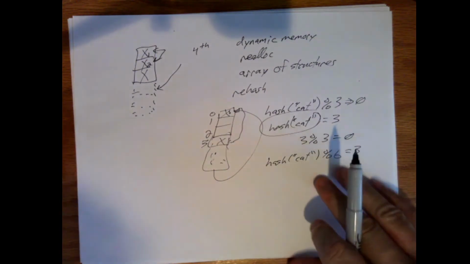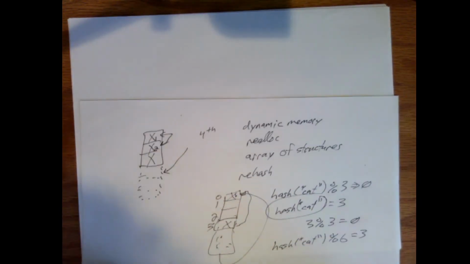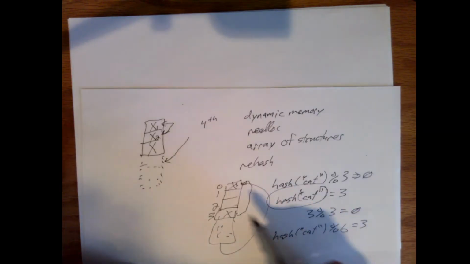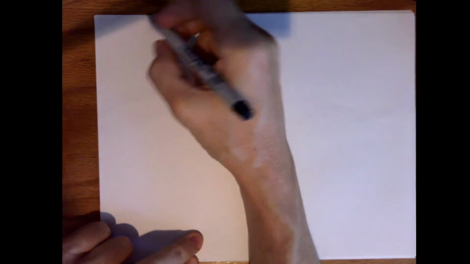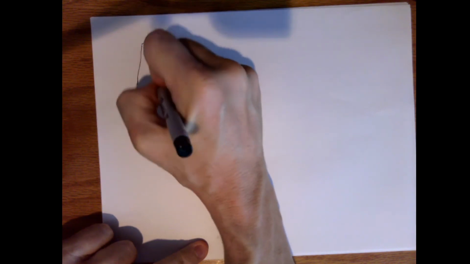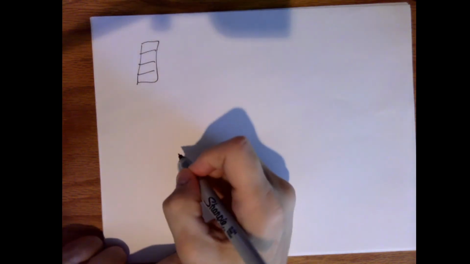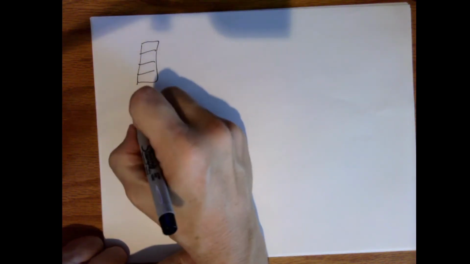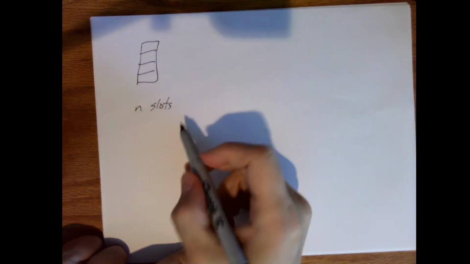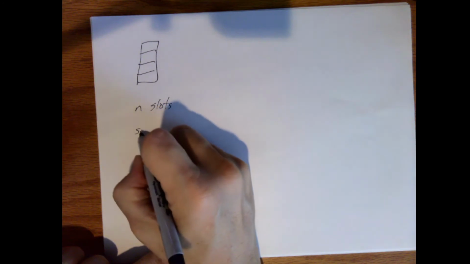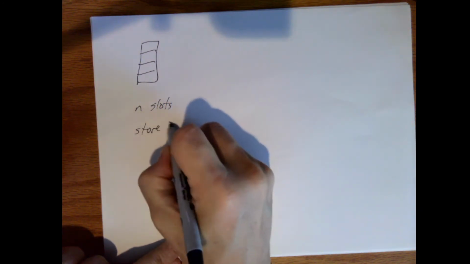Well, there's lots of ways to resolve these problems, but there's still always the potential for collisions. That can never go away. But for this particular problem, what I'm going to do is this. I'm going to have my array be a fixed size. So there's n slots here. And you say, well, but what if I want to store more than n things?